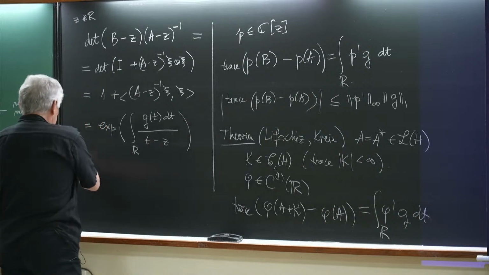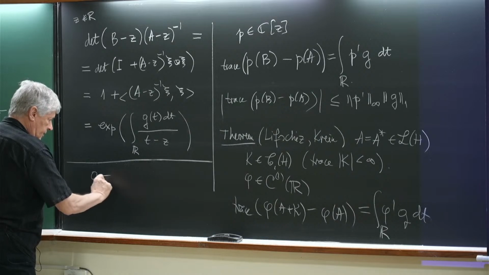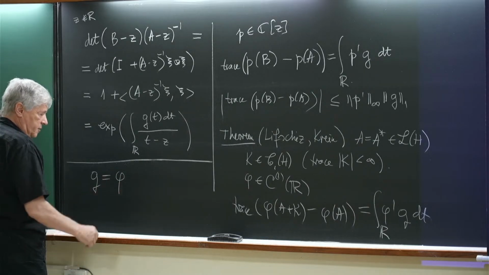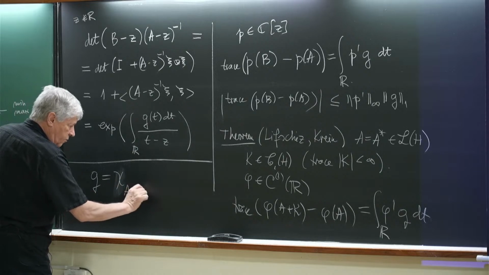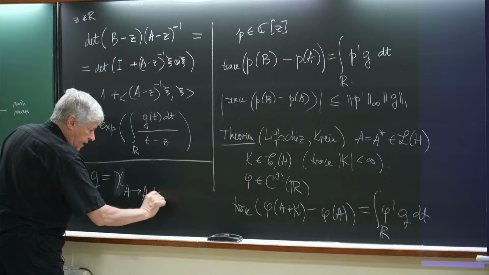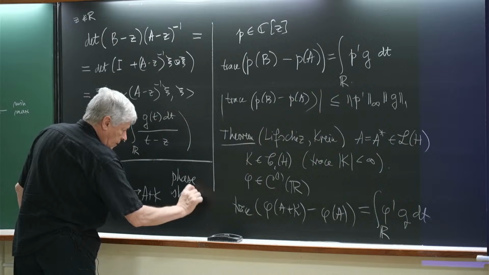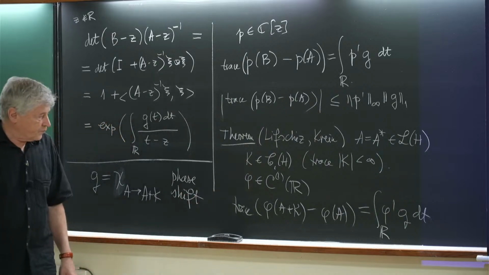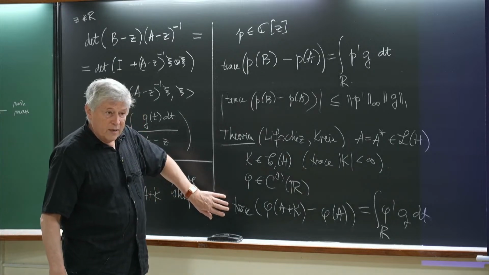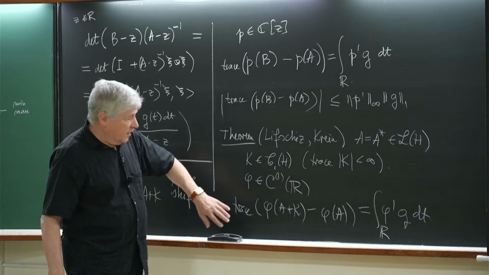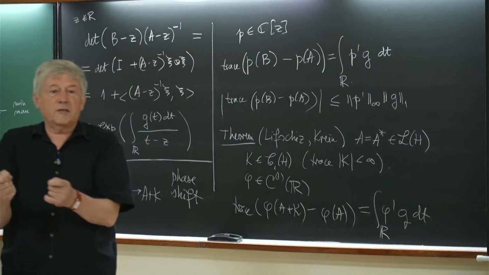And what is remarkable, this G has a name, is denoted somehow phi or chi of A goes to A plus K, and is called a phase shift. Remarkable invariant formula. Now we went to infinity, and it tells us the spectral displacement under a trace class perturbation.